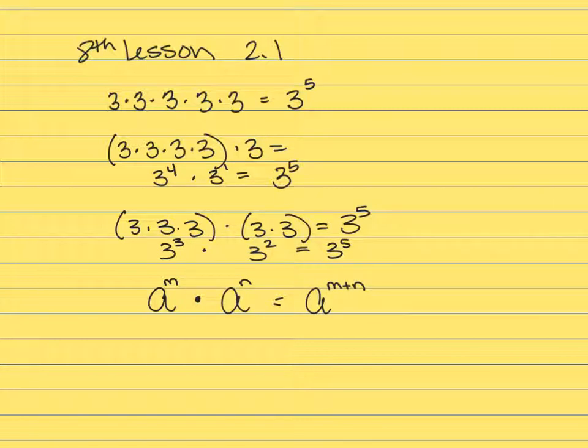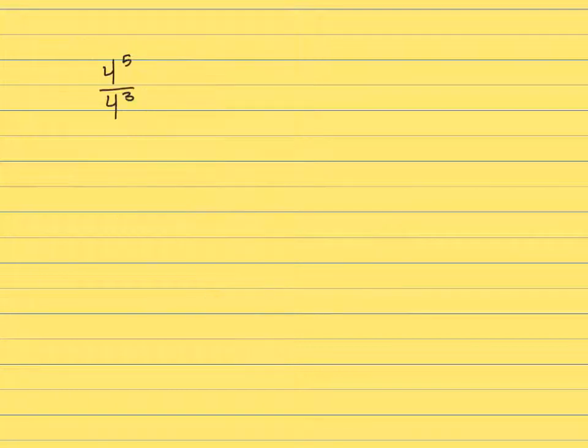That's one of the things they show you, and it is stated on page 36 in your book. Let's look at another. What if we were looking at 4 to the 5th power divided by 4 to the 3rd power? And keep in mind, all of these little tricks only work if our bases are the same as one another. So let's write this out so we can see why what we're going to learn about works.